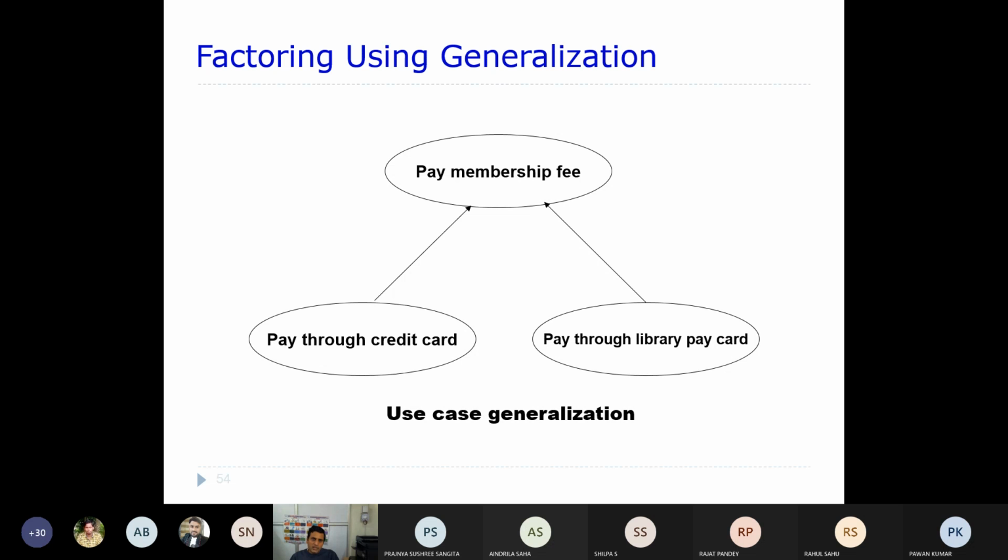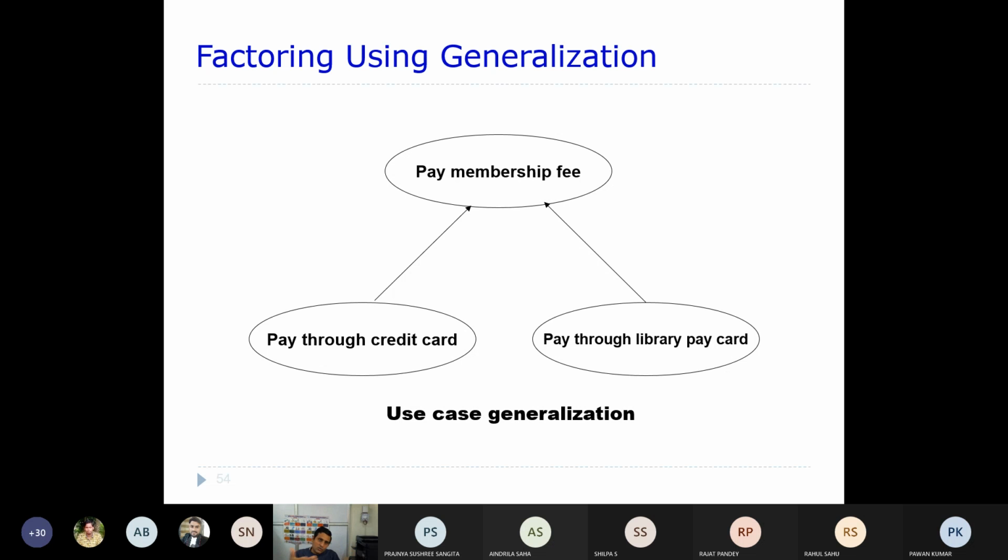Now what is happening here? You have a generalization. It is very much like having a base class and derived classes. The derived classes are a little different from the base class, and they may have other characteristics.